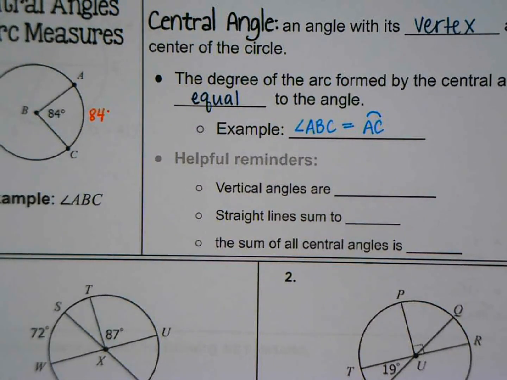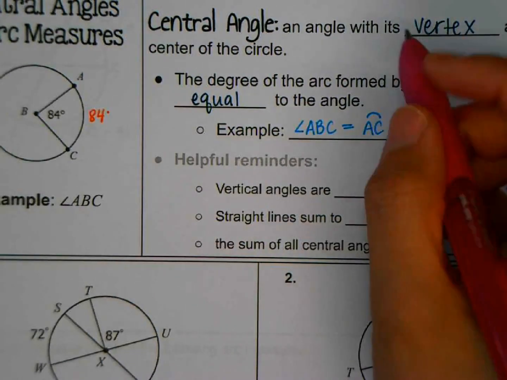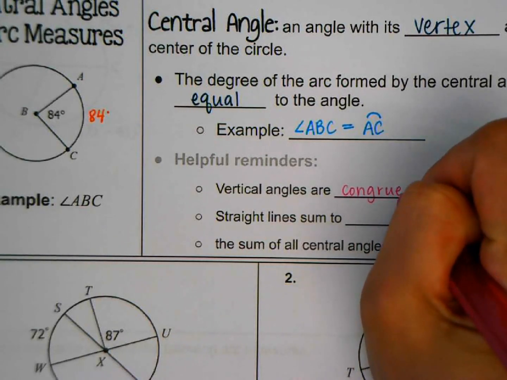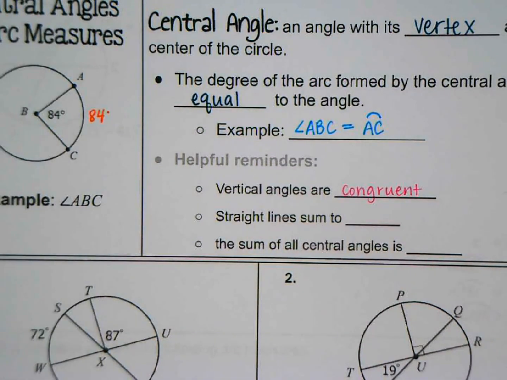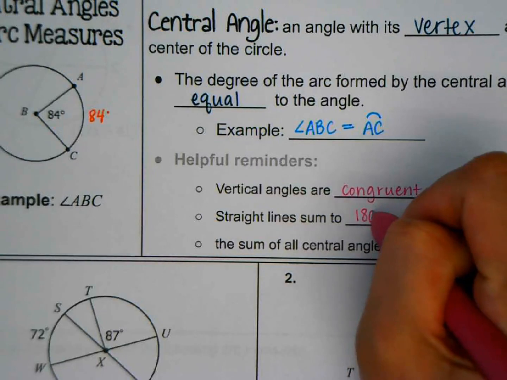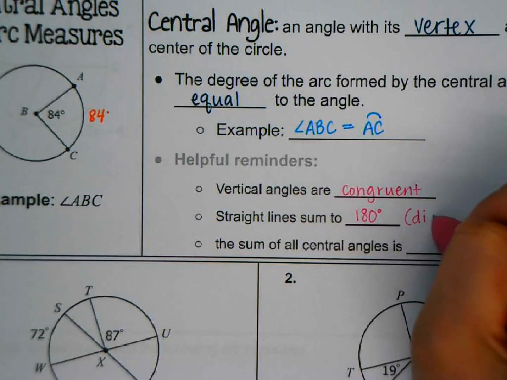All right, a couple things to keep in mind. Some things that are going to make a comeback are vertical angles. Remember that vertical angles are congruent, and we're going to see a few of them today. Straight lines add up to 180, specifically diameters.